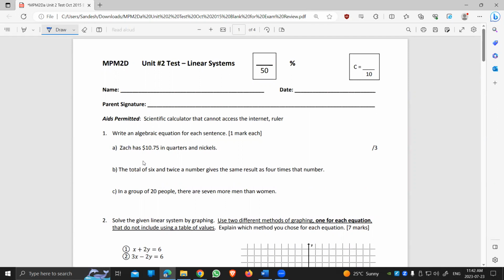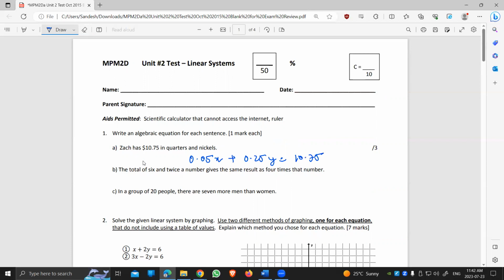Quarters is a quarter, 25 cents. So look at this. We've done a question like this just a few minutes ago. We don't need this equation here. This is the number of bills equation. They're not asking us for that because we don't know what the number of bills is. They're just asking us for the money, right? So it's gonna be 0.25x plus 0.05y equals 10.75.